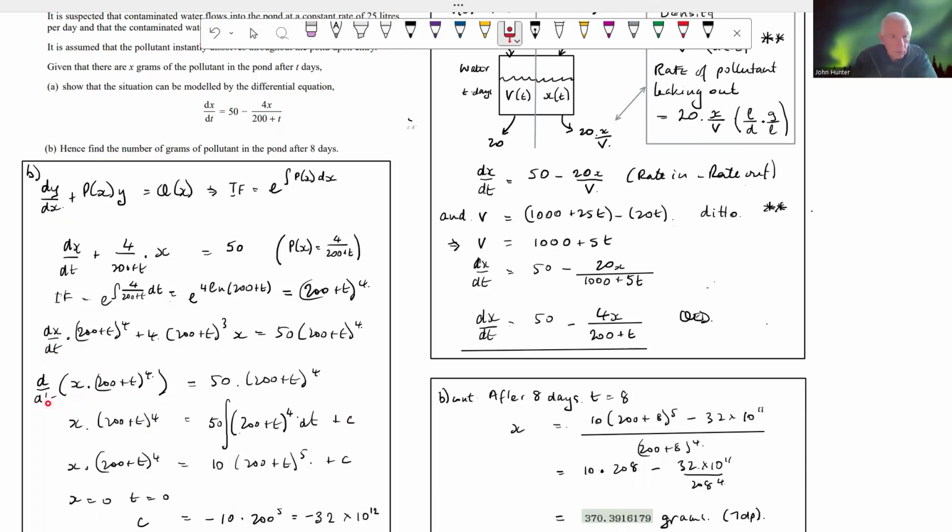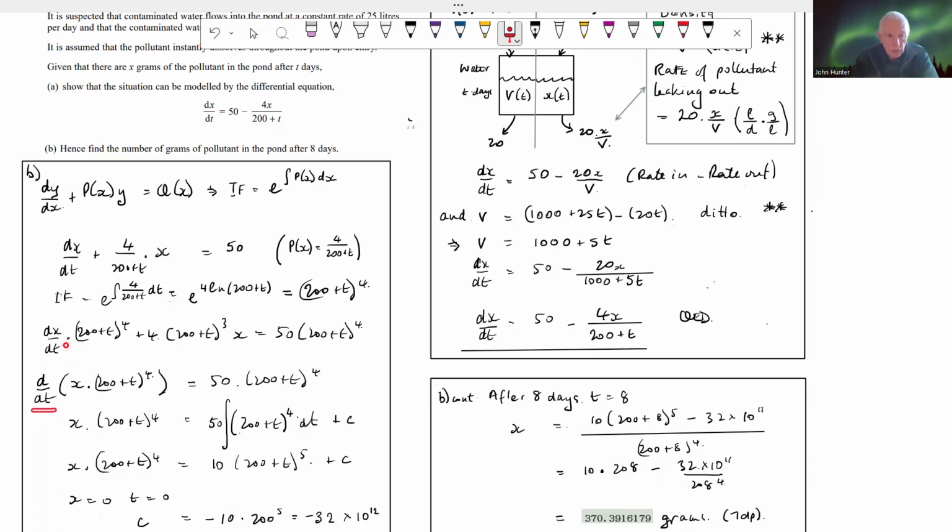Let's work backwards on this one. The derivative of that times that, plus that times the derivative of that, is what we've got.